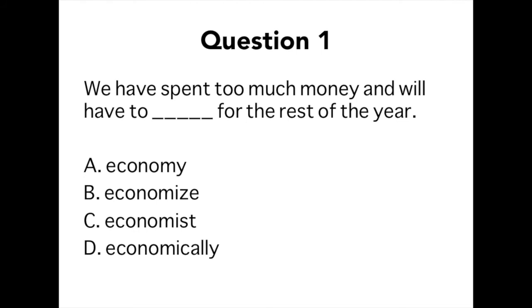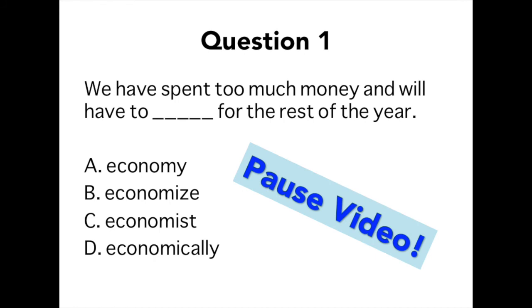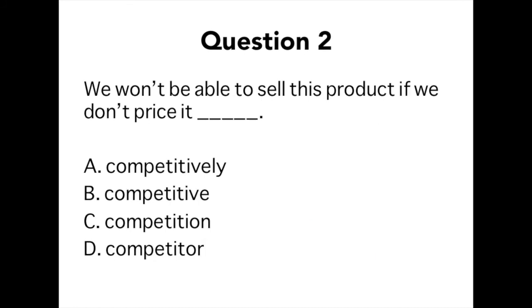Question 1. We have spent too much money and will have to blank for the rest of the year. A, economy, B, economize, C, economist, D, economically. Question 2. We won't be able to sell this product if we don't price it blank.